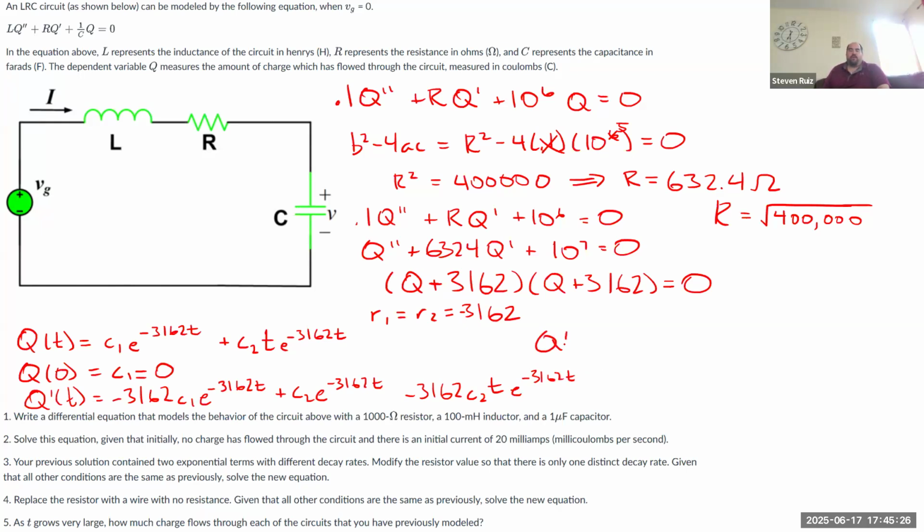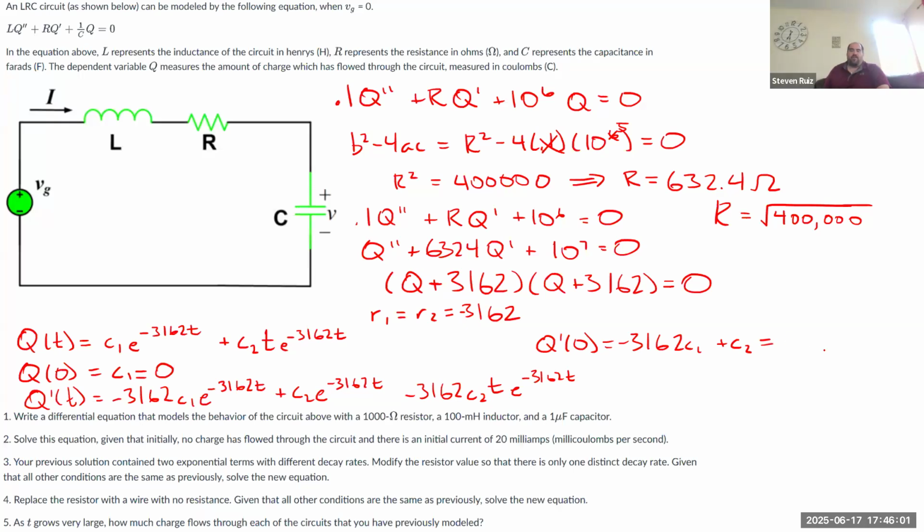So what does Q prime of 0 look like? If I plug in 0 to my first term here, that's going to give me negative 3162 C1. The second term is going to be plus C2. And then this third term is going to be 0, because plugging 0 for t is going to make that term vanish.